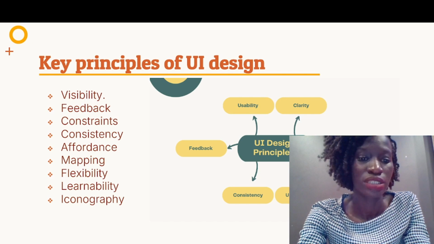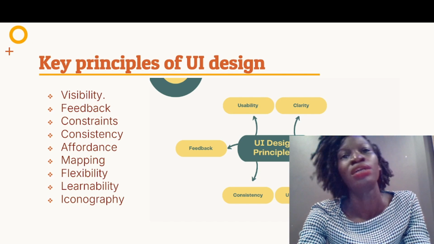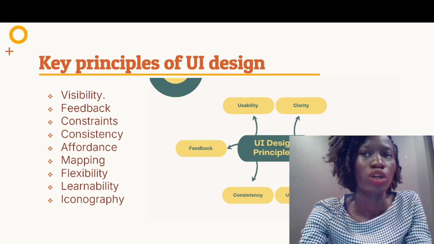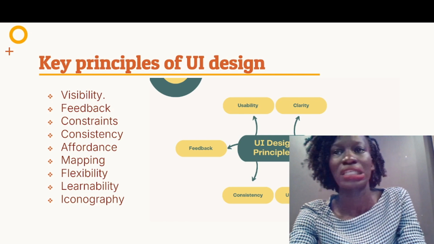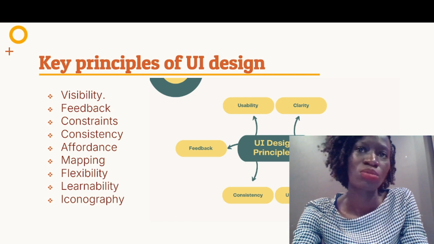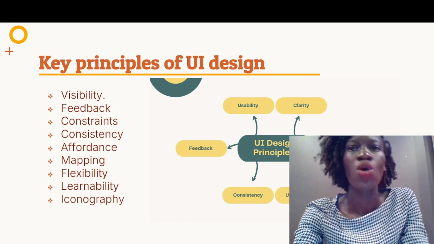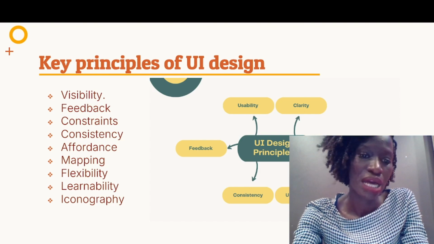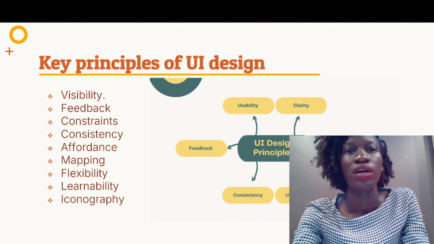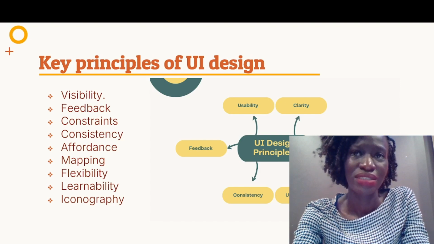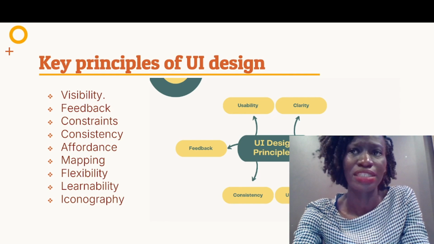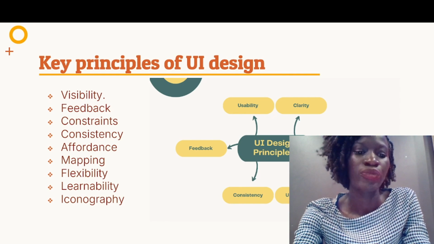We have flexibility. You provide users with multiple ways to complete tasks, such as keyboard shortcuts, customization options, or alternative workflows. Learnability. Design interfaces that are easy to learn, especially for new users.